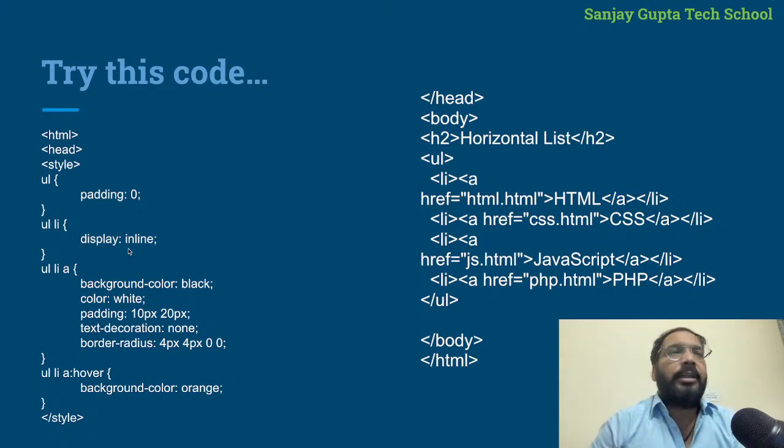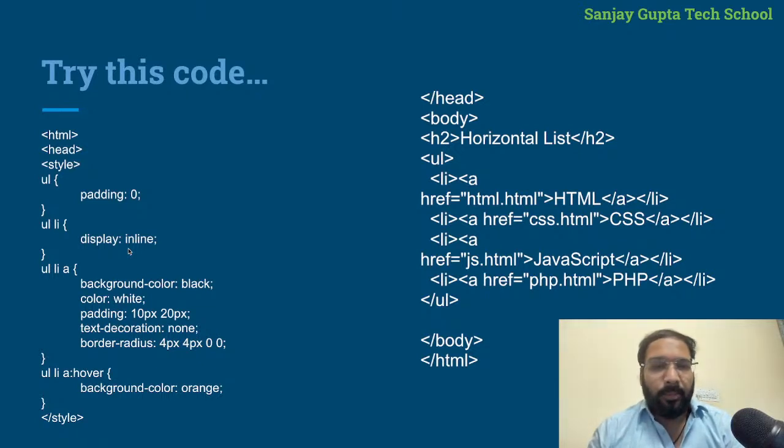Display inline means list items won't be shown on separate lines. They will show in the same line. In a single line, all the list items will be displayed. So display inline means all the list items will be available in the same line.